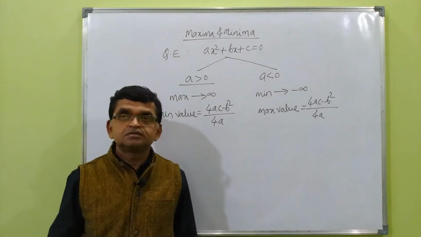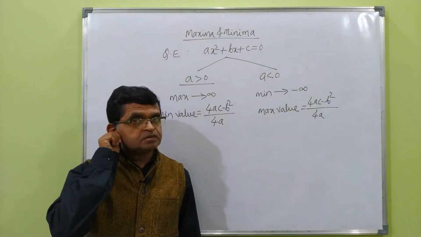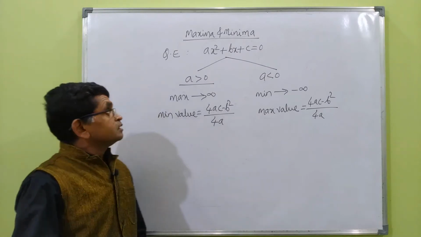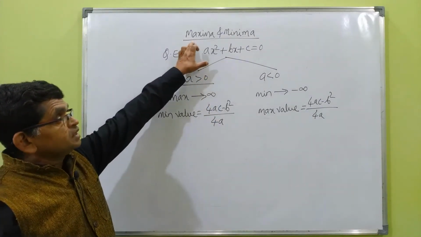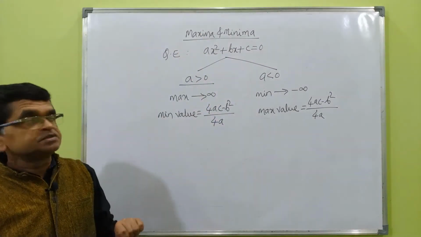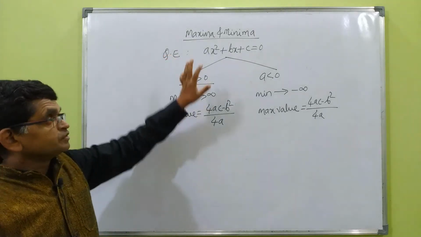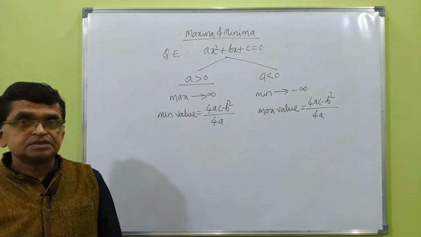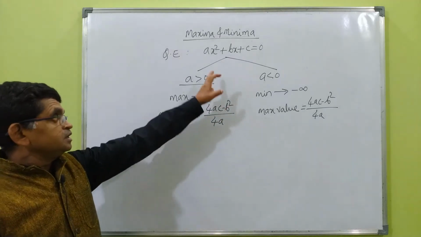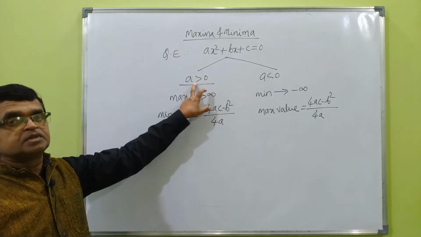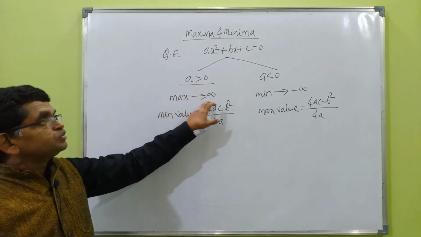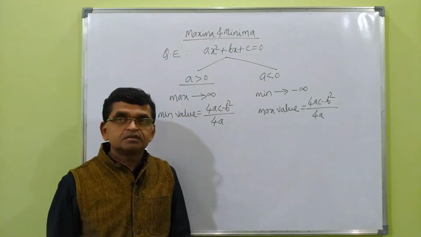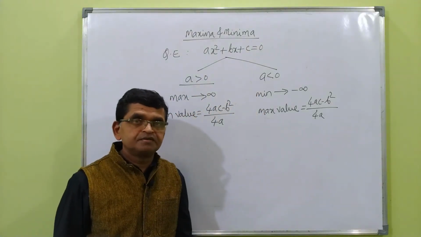See, this is another concept which is useful in your exams. Maximum and minimum values. For a quadratic equation ax square plus bx plus c, if a is positive, then maximum value will be infinity.